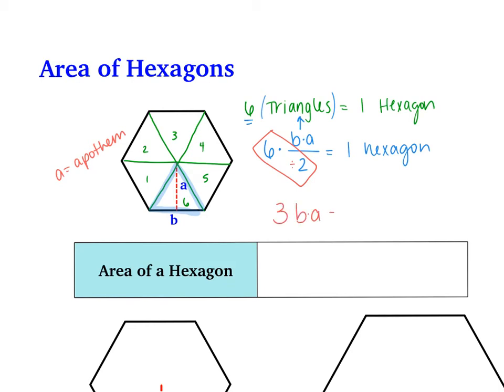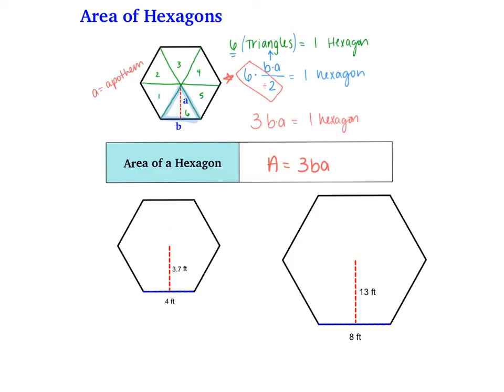So if I take 3 times the base times the apothem, that would give me one hexagon. So that's what I'm going to write for the formula of area of a hexagon. The area would come from 3 times the base times the apothem. If you have a hard time remembering that, you could always find what one triangle is and multiply it by 6.